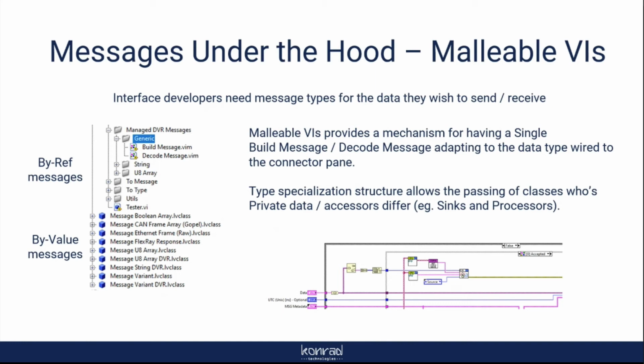In this case, sinks and processors. They have somewhat different private data and different methods to act upon that private data. The type specialization structure allows us to pass either a sink class or a processor class into that VI, and it adapts as need be.